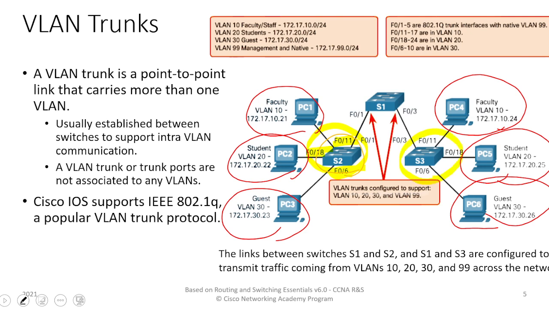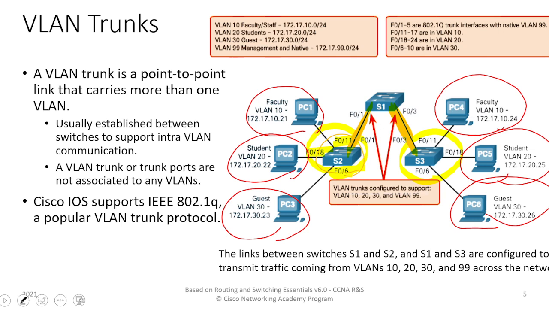But if we take the connections between switch 2 and switch 1 and switch 1 and switch 3, that belongs to more than one VLAN. So for example, the connection between switch 2 and switch 1 is going to carry traffic belonging to all the VLANs, because it has to carry forward the information across to the other side.